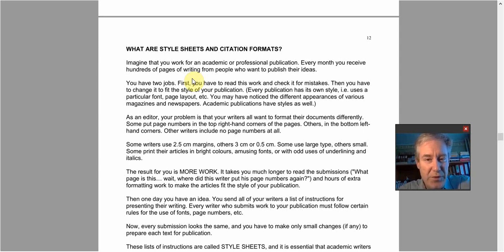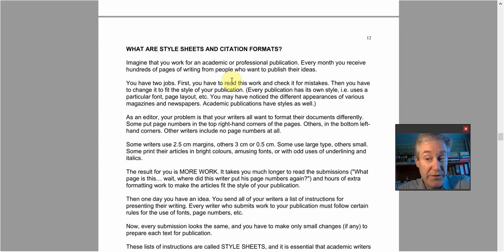So I want you to imagine for a moment that you are somebody who works for one of these publications. Every month you receive hundreds of pages of writing from people who want to publish their ideas. And this is quite normal, that these journals, these specialist magazines, they get a lot of submissions. A lot of people want to publish their work.